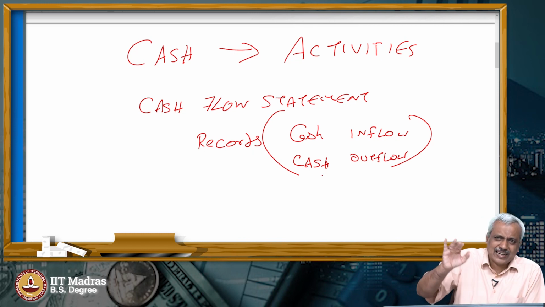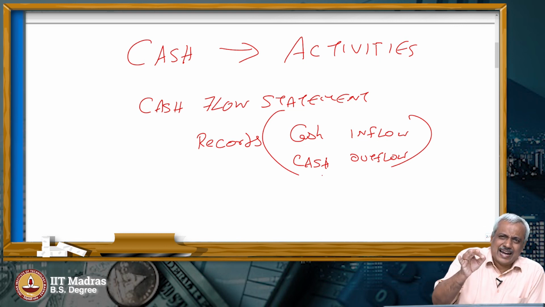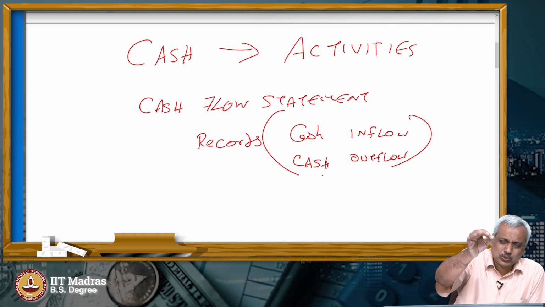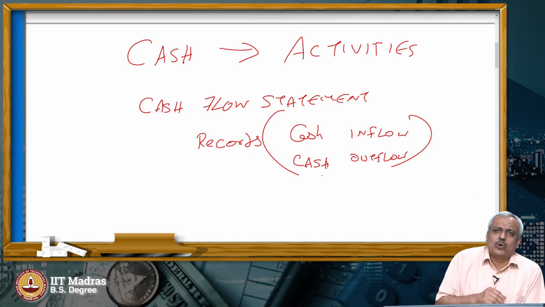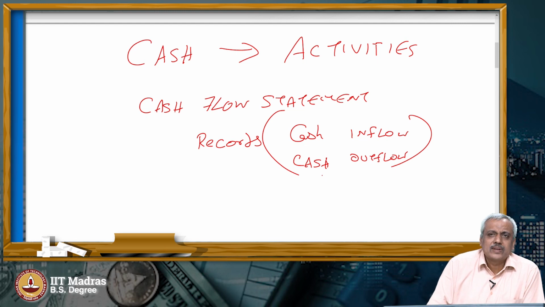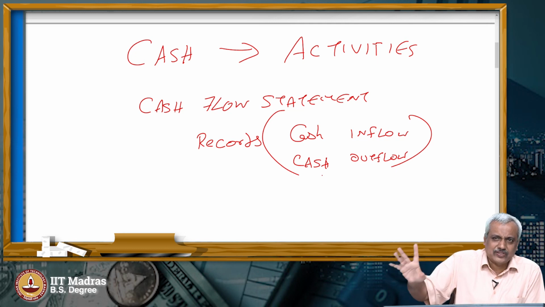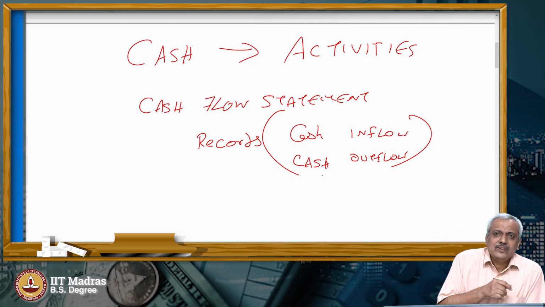Given that the financial year in India is April to March, imagine on 30th of March 2022, I have sold goods on credit for whatever amount. Now I draw up a profit and loss statement or income statement for the financial year 21-22, that is 1st April 21 to 31st March 22.